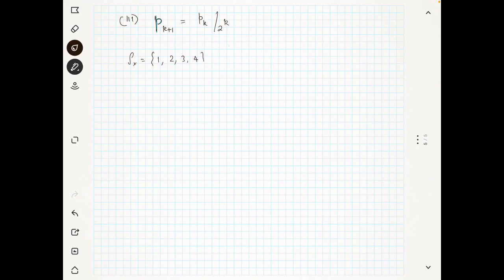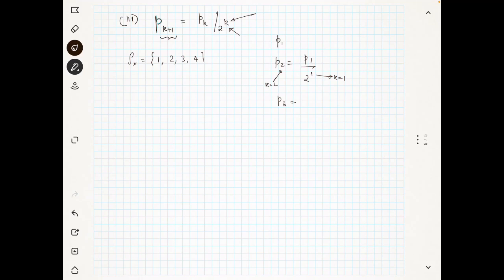So let us assume that the first probability is p1, then p2 will be equal to p1 divided by 2 power 1 actually, not 2 power 2. This is k equal to 2, so you have to use here k equal to 1. You see, this is k plus 1 and this is just k.